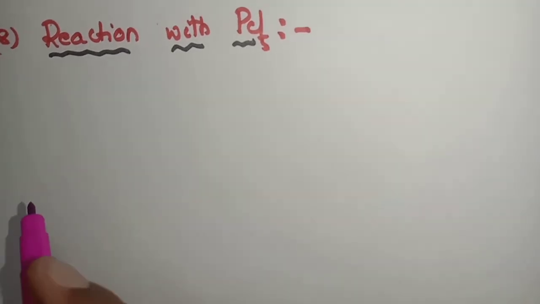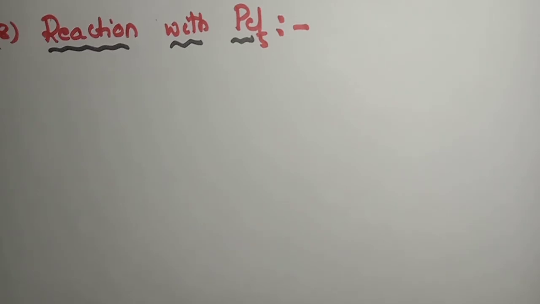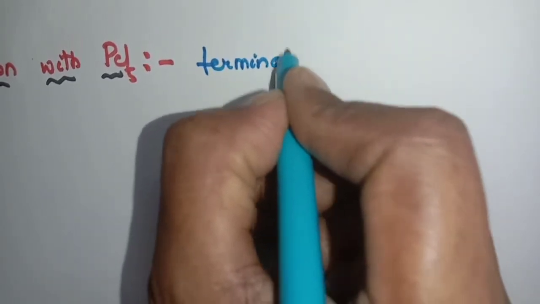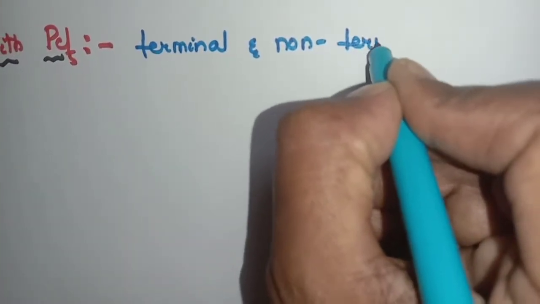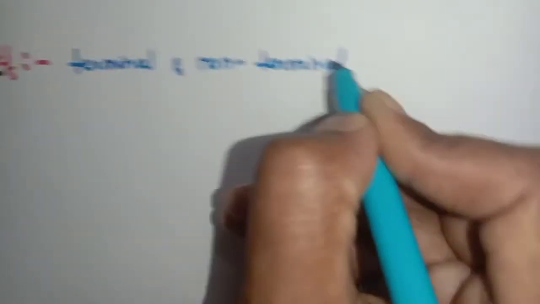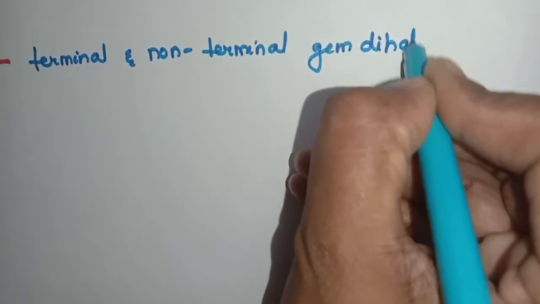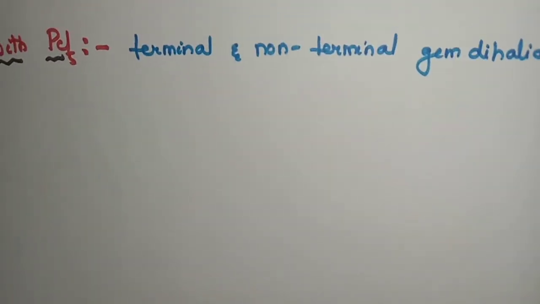Aldehydes and ketones on reaction with PCl5 produce, I am writing here, terminal and non-terminal gem dihalides. Where did we come across this gem dihalide, students?